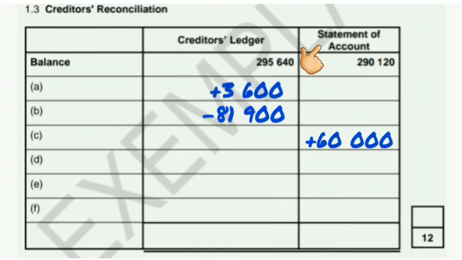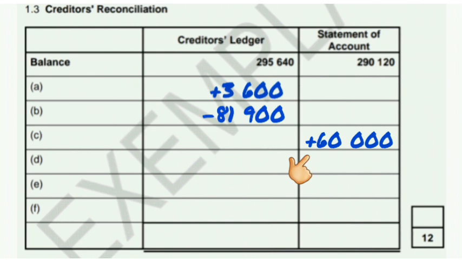Remember, they said the statement was the one that was wrong, and it was short, because the statement had 40,500 and it's supposed to be 100,500. How do we increase it? That means we are going to add 60,000 as an addition to the 40,500 that they had already recorded.